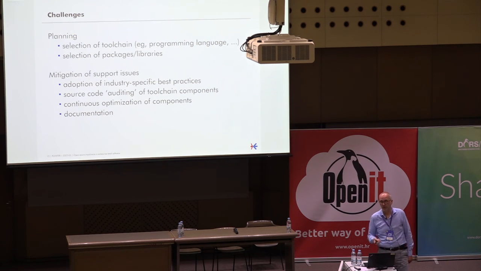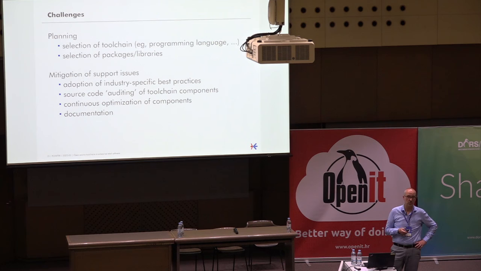Obviously, we rely on best practices and our know-how about retail. However, we also enjoy the benefit of having the option to audit our source code, all of the tool chain components, to enable us to optimize them if needed, and as usual, documentation.